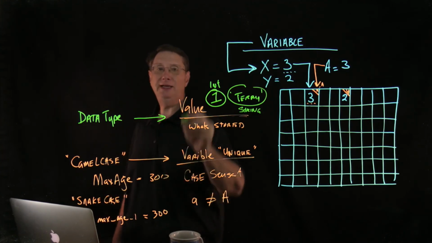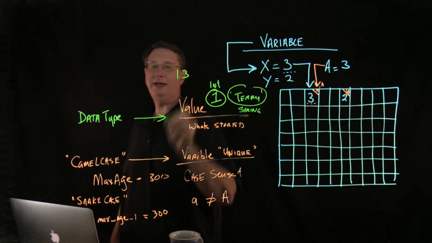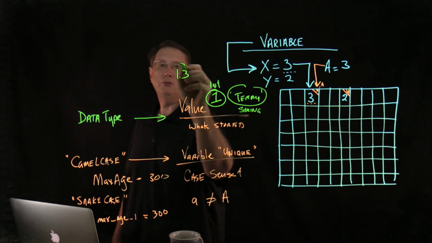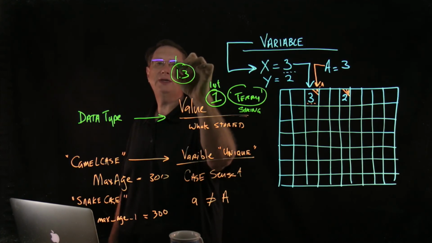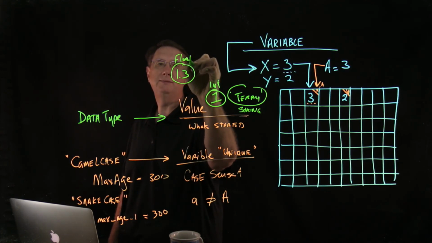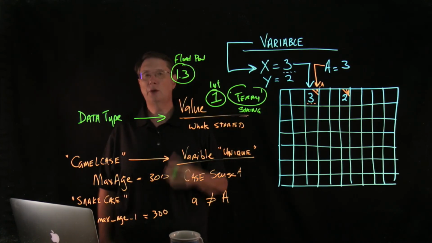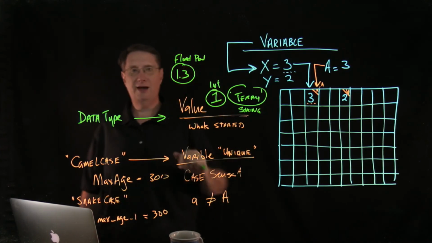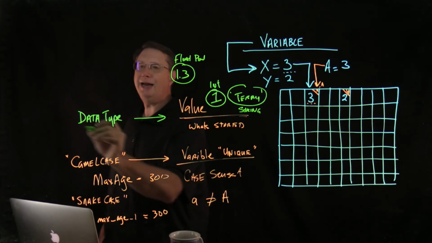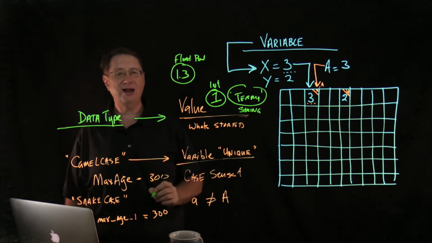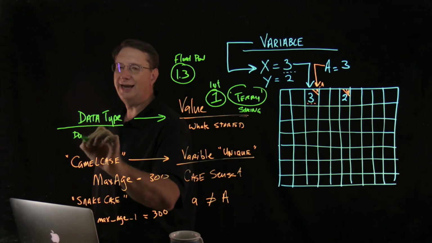If I type in 1.3, Python will look at that and say, oh, that is what is referred to as a floating point number. It's just a fancy way of saying it has a decimal value to it. So this typing that takes place in Python, the good news is it's dynamic.